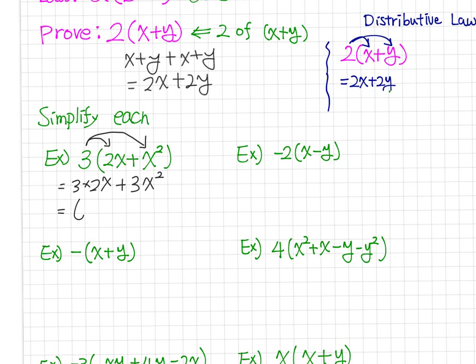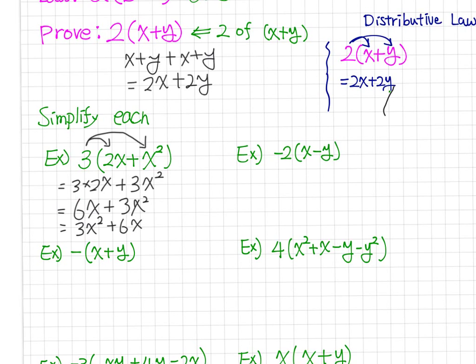So this becomes 6x plus 3x squared, and don't forget to rearrange them from the highest degree to lowest. So I have 3x squared plus 6x. The reason this is plus 6x is because it is a positive 6 to begin with. If it was negative 6x, then this will be minus. Don't forget that.